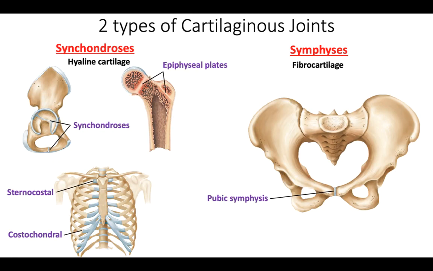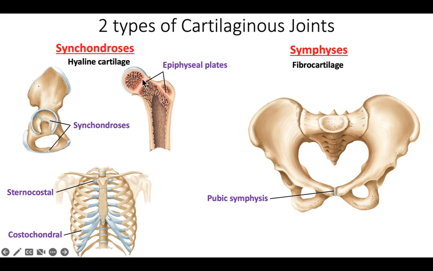All right, so then we're going to take cartilaginous and break that into two categories. You have the synchondroses and the symphyses. A synchondrosis is hyaline cartilage holding the bones together, where a symphysis or the symphyses are fibrocartilage. All right, and some of these go away. So growth plates are actually a joint until the cartilage goes away and it forms a line.